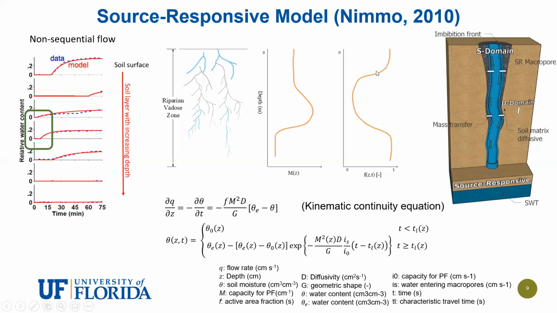At the right of this diagram, we can also observe the active area fraction, F, in which the travel time is included. This parameter expresses how much area is having macropore flow with depth. In this work, parameter M is calibrated, whereas the travel time was set manually following Nimmo's work.